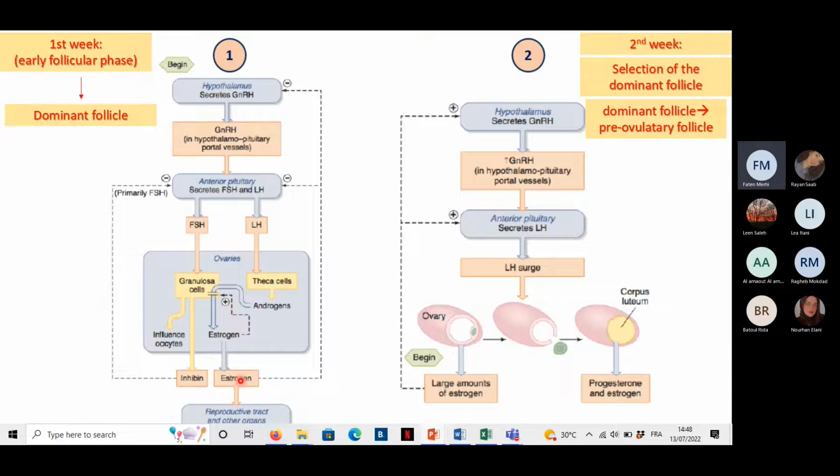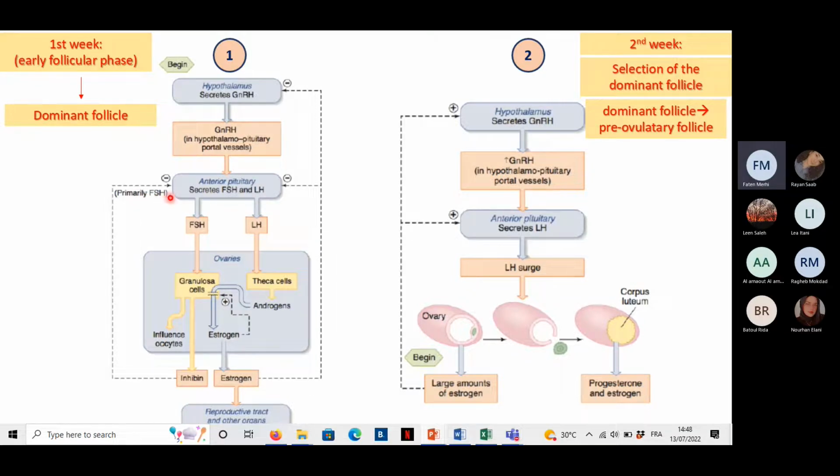Okay, and also under the action of FSH, those granulosa cells, we said that they produce estrogen, but they will also produce inhibin, and the inhibin also exerts a negative feedback on the anterior pituitary gland, and as a response, this anterior pituitary gland will stop producing FSH, or the levels of FSH will decrease markedly.